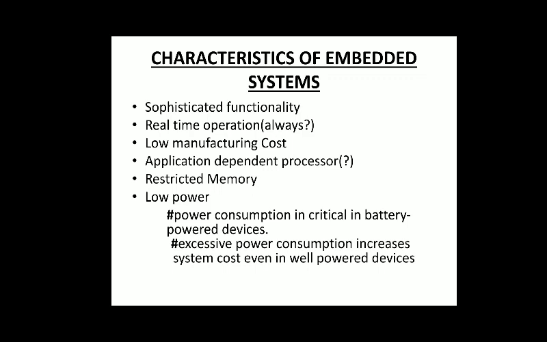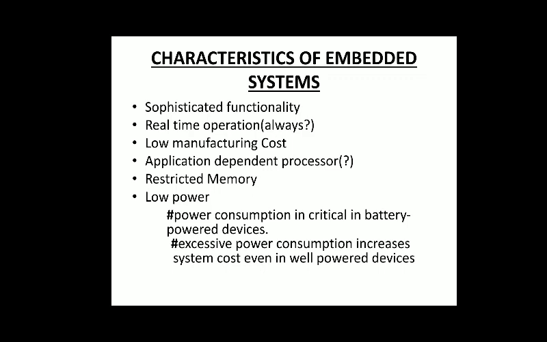Then low manufacturing cost: for mass production, the cost of the system must be low, otherwise people won't buy it and it will become obsolete.